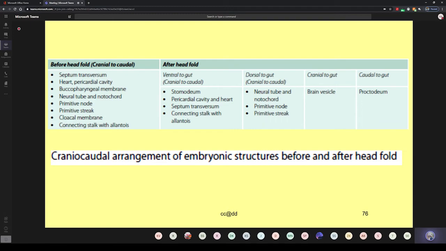Simultaneously about the allantois and the urinary bladder, a part of it, etc. So this is for your interest. If you are interested, you can go through these tables later. What is in these tables is what was there before the fold and what is the position after the fold. This is more easy to understand the orientation when you go to those respective chapters later.